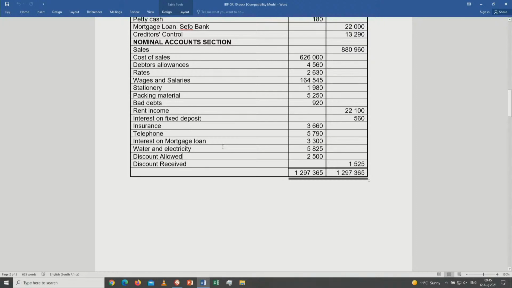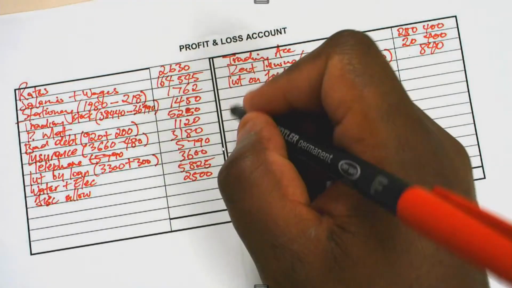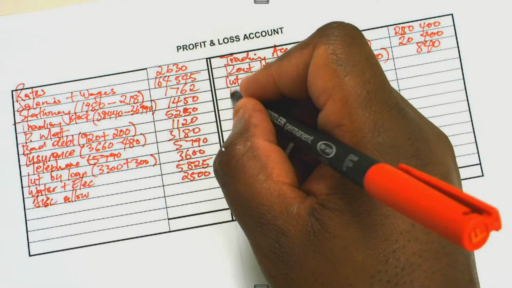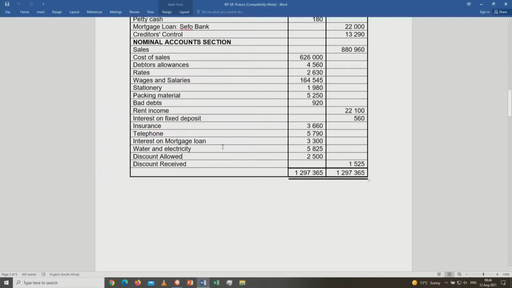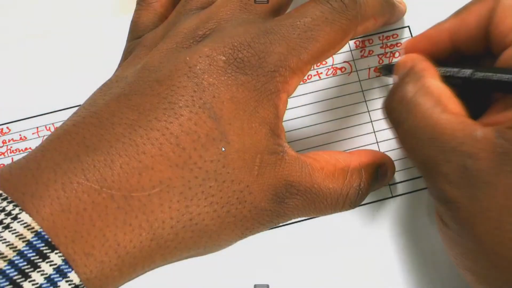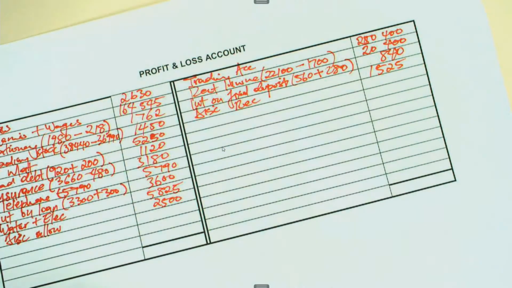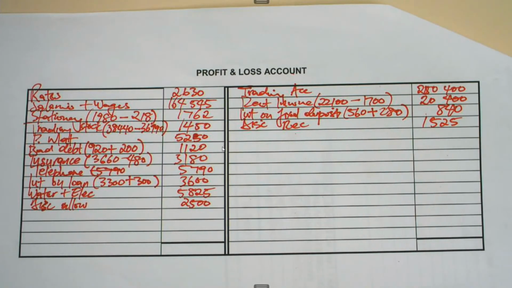And then lastly we have discount received. Look at that, 1,525. It's on the credit column. It means it is an income. Any income account we credit. Now here we'll have discount received to the value of how much? 1,525, right?